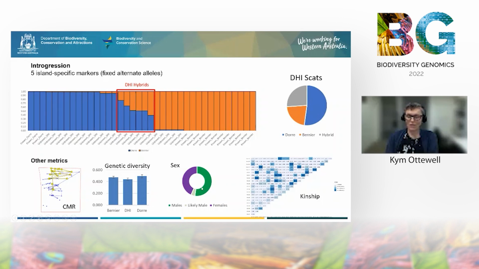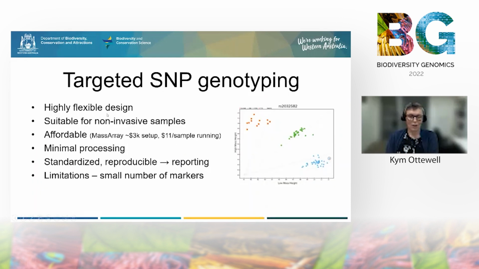We also have sex-linked markers not included in the panel that we run as a separate assay, so we can incorporate that information to look at sex-specific patterns in that population. And given that the markers are designed to have a high information content, this gives us the ability to estimate pedigree relationships within those populations.